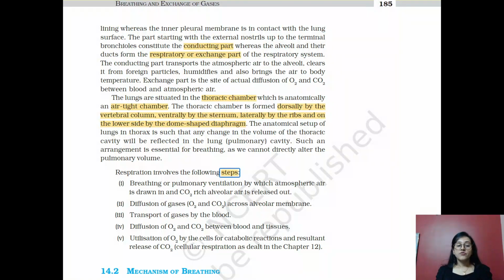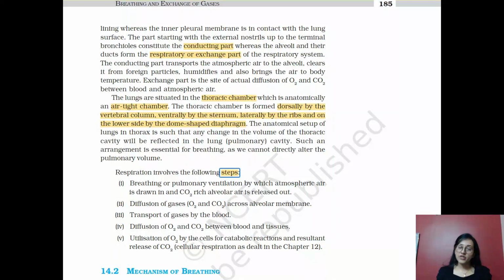Then when it goes to the alveoli, the diffusion of gases, that is oxygen rich air from the atmosphere and the carbon dioxide rich air from the cellular respiration, occurs across the alveolar membrane. Then the transport of gases by the blood. So in the alveolar membrane, the oxygen rich air goes to the blood, and blood carries these gases to the whole body.